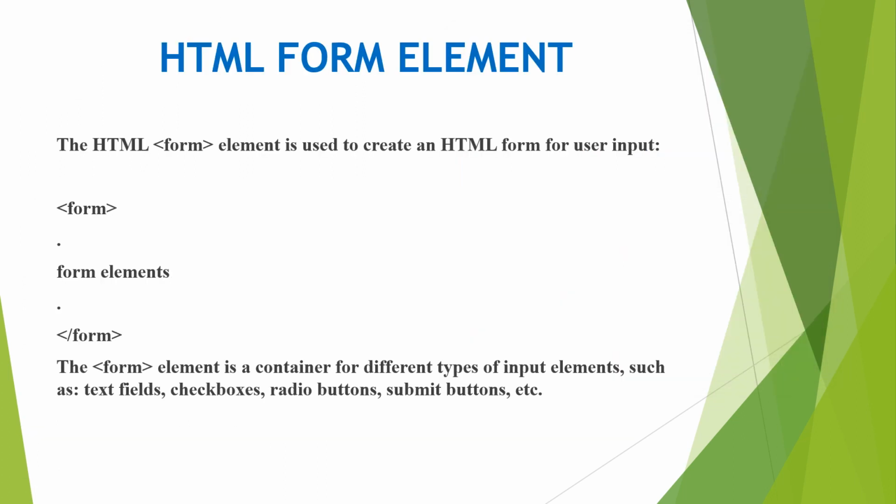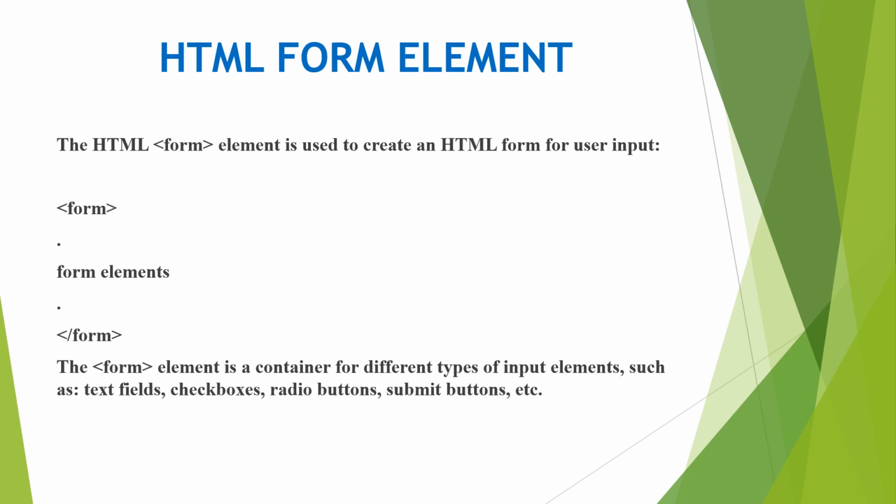And then coming to the HTML form element. The HTML form element is used to create an HTML form for user input. This is the basic structure of the form element, where the starting form tag and ending form tag are defined. Within the starting and ending form tags, we need to define the form elements.